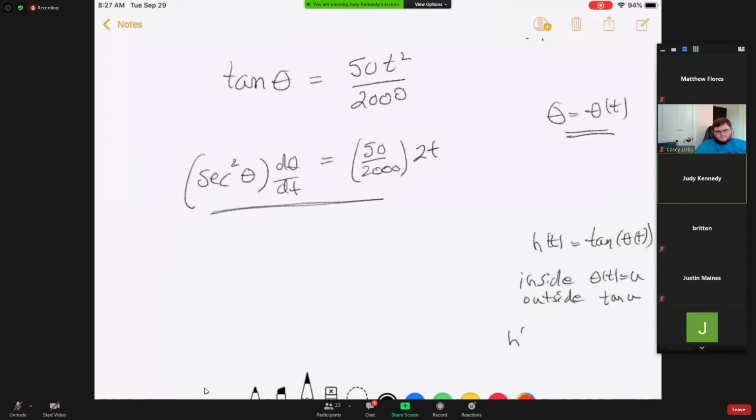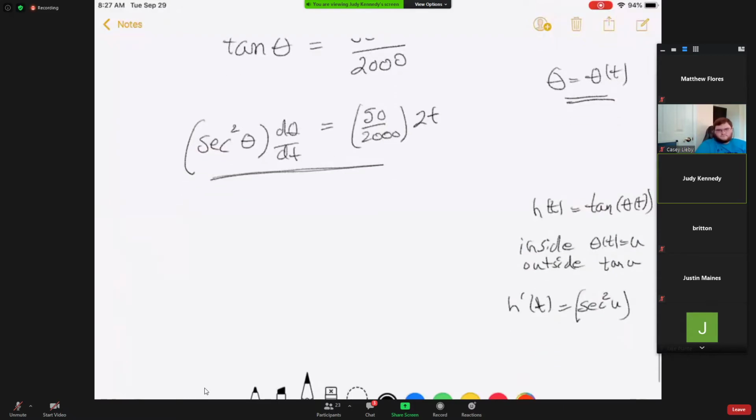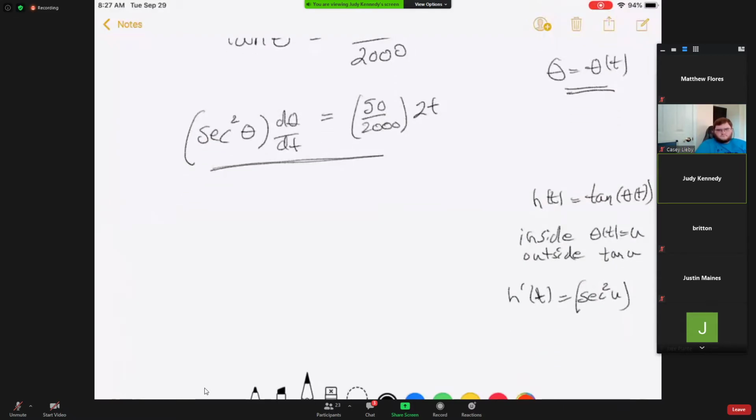So h prime of t is the derivative of the outside applied to u times the derivative of the inside. Well, that's just theta prime of t. In fact, I want to know what theta prime is, but that gives us then secant squared of theta times d theta dt.